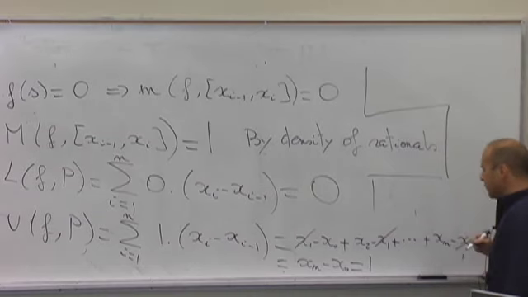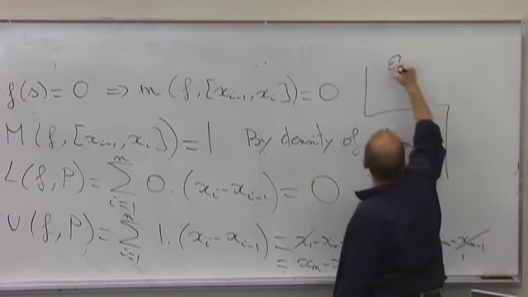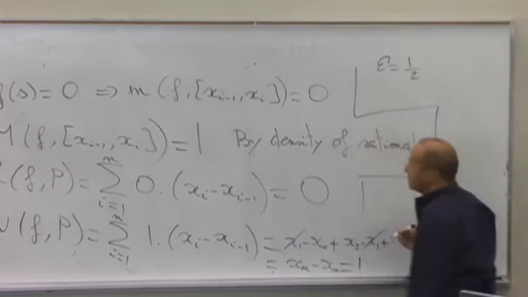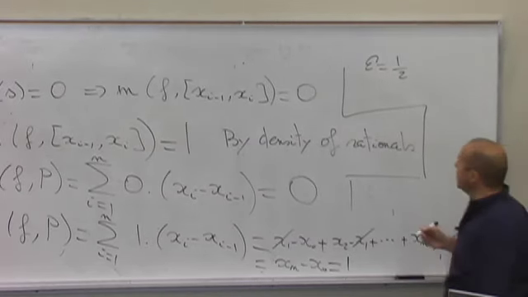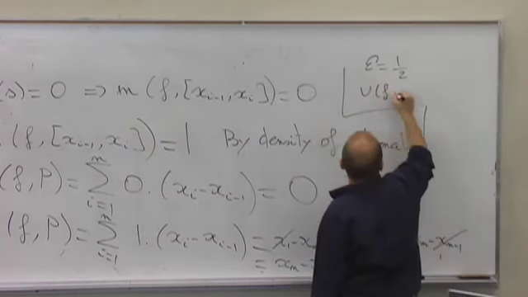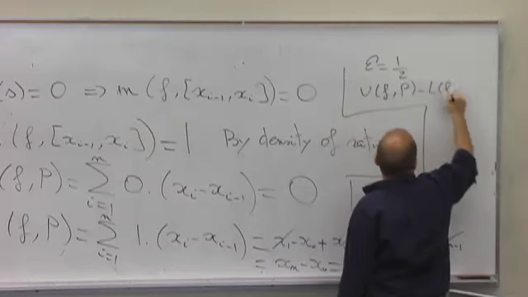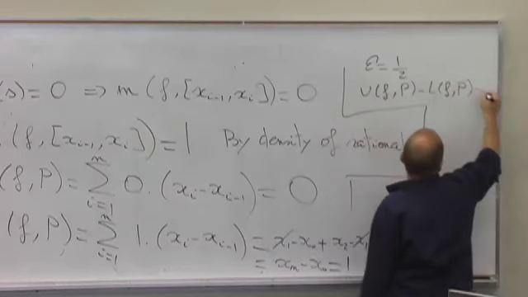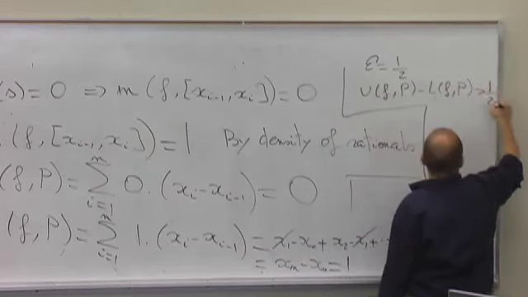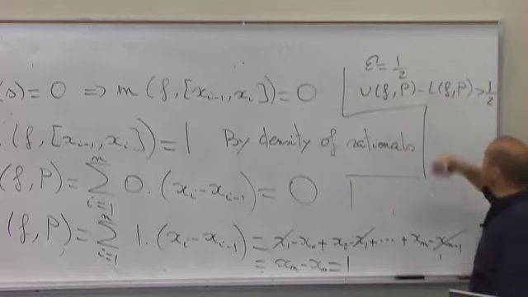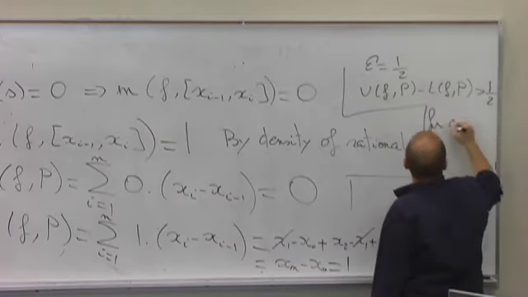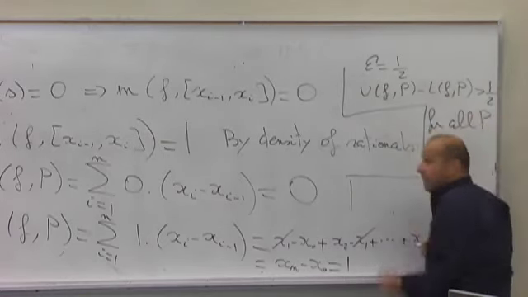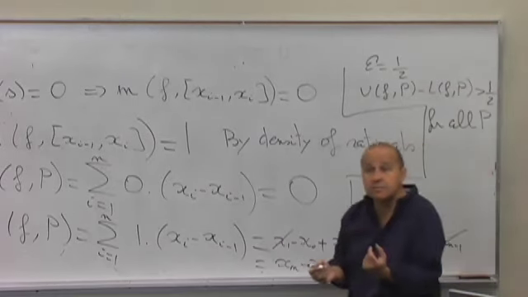Now, of course, if you pick epsilon equal to one half, you see that U_f of P minus L_f of P is bigger than one half, because it's 1, for all P. So you cannot get them closer than 1.